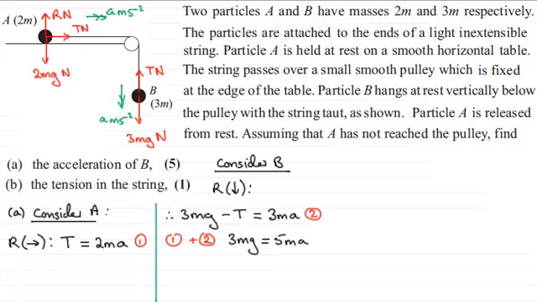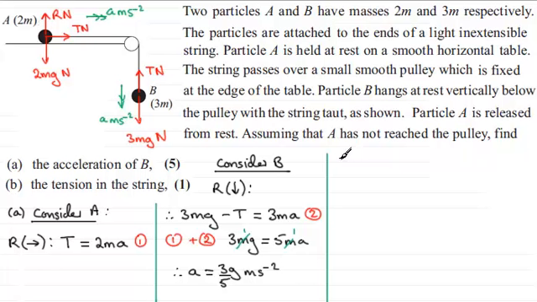The m's are in each term, so I could divide both sides by m, and if I divide by 5 to both sides, I get that therefore the acceleration a is equal to 3g over 5, 3/5 g. If I take the value of g to be 9.8, then we could get a decimal version for that acceleration.